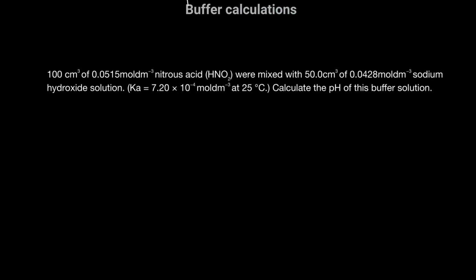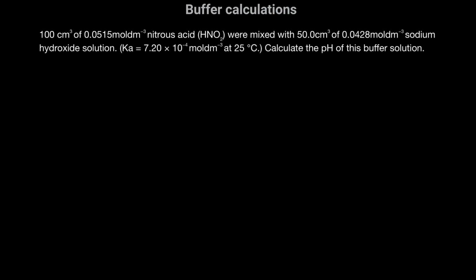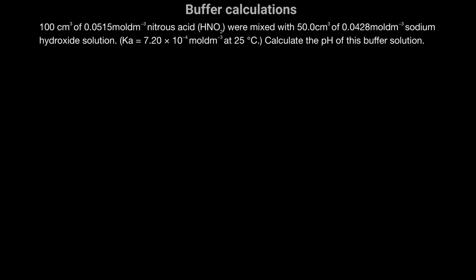The next question that we have here says 100 cm cube of 0.0515 moles per dm cube nitrous acid were mixed with 50 cm cube of 0.0428 moles per decimeter cube sodium hydroxide. They've given us the Ka, the acid dissociation constant for nitrous acid. Calculate the pH of this buffer solution.